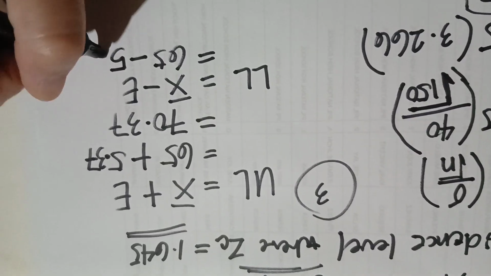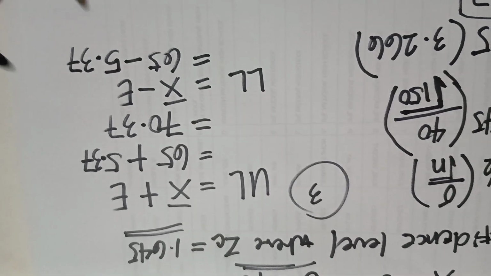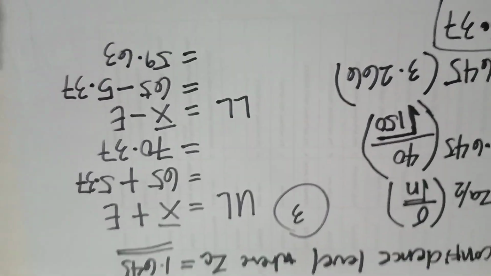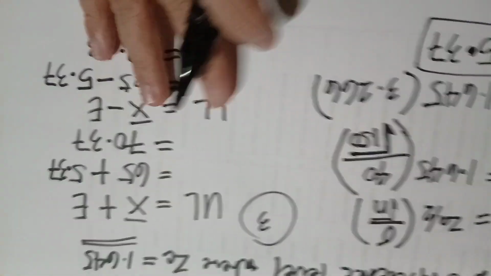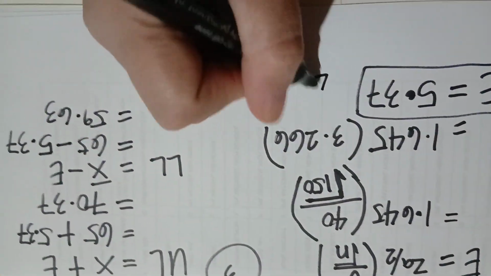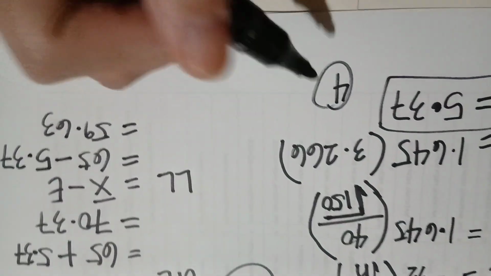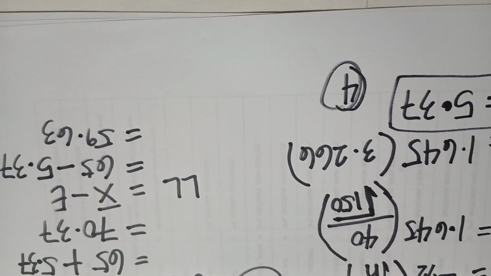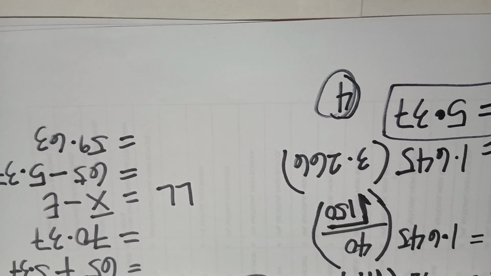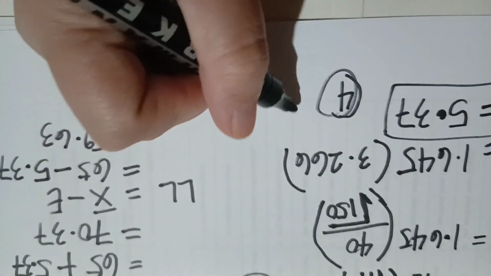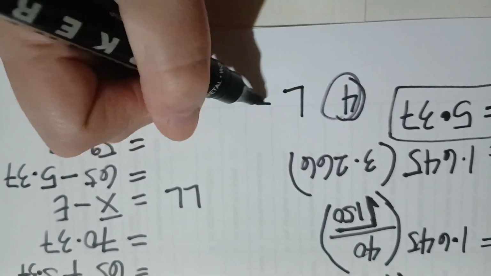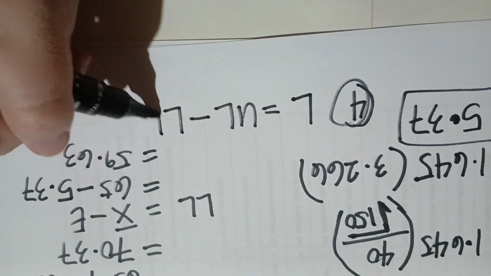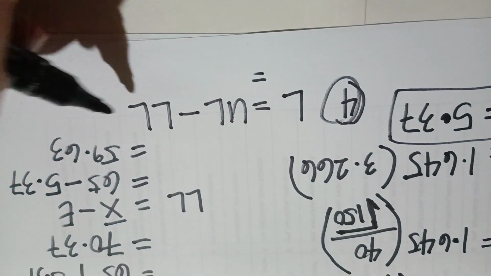Then minus, or the difference, 37. So we have here 59.63. Okay, so last one, step 4. Step 4 is we have to compute the length of the confidence interval. So, confidence interval length: the difference between the upper limit and the lower limit.